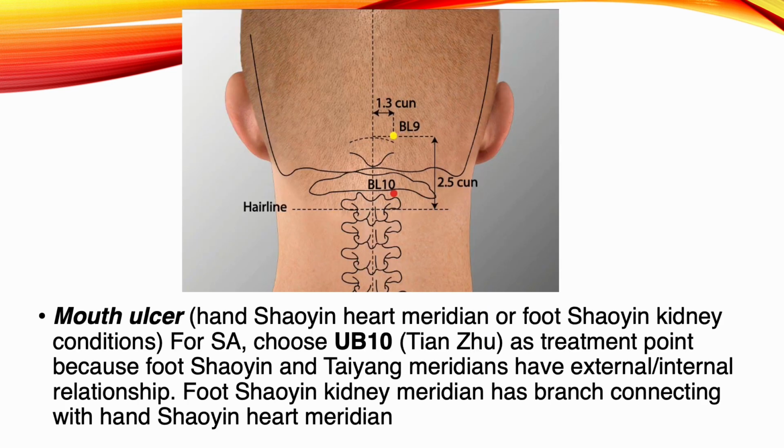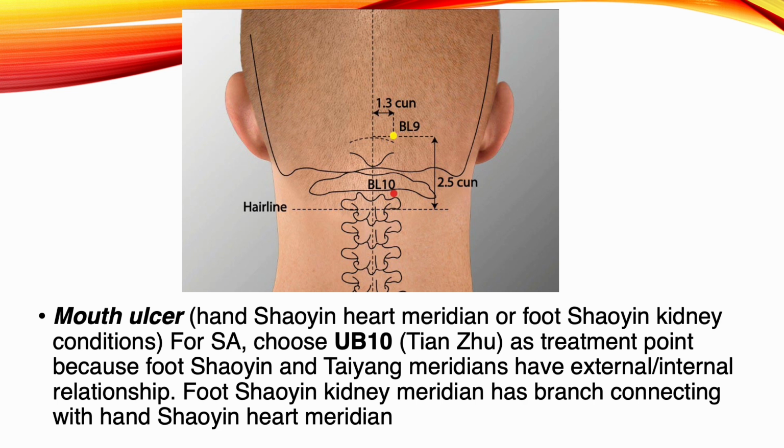There are many relationships between the meridians, and scalp acupuncture uses the meridian distribution, energy, and blood flow to select points. Therefore, if the patient has a mouth ulcer, it belongs to the hand Shaoyin heart meridian or the foot Shaoyin kidney conditions.